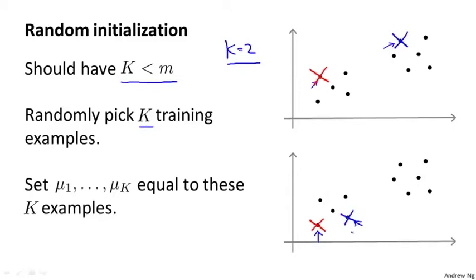So that's how you can randomly initialize the cluster centroids. And so at initialization, your first cluster centroid, mu_1, will be equal to x^(i) for some randomly chosen value of i, and mu_2 will be equal to x^(j) for some different randomly chosen value of j, and so on if you have more clusters and more cluster centroids.